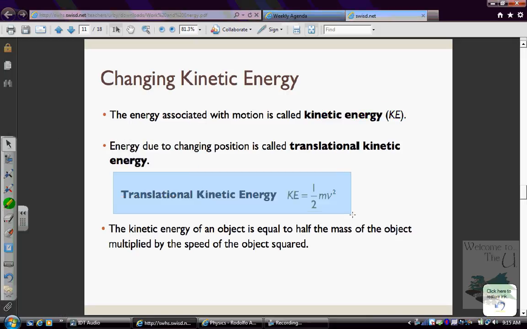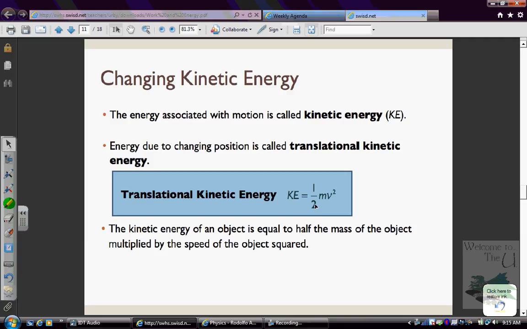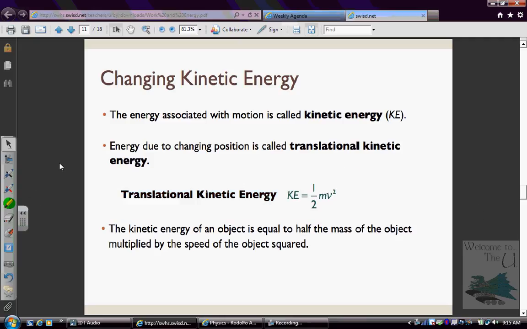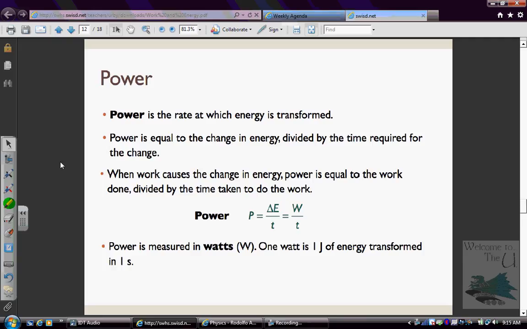Kinetic energy is equal to 1/2 times your mass times the velocity squared, where mass should be in kilograms and your velocity should be in meters per second. Real easy equation to apply, and we'll go over its effects on the change in energy here in the coming days.